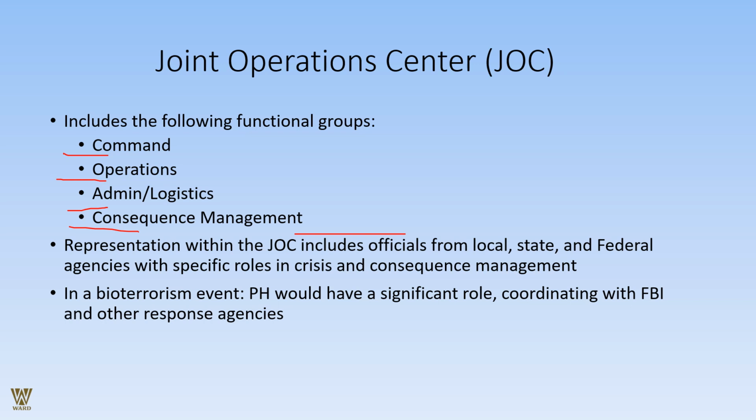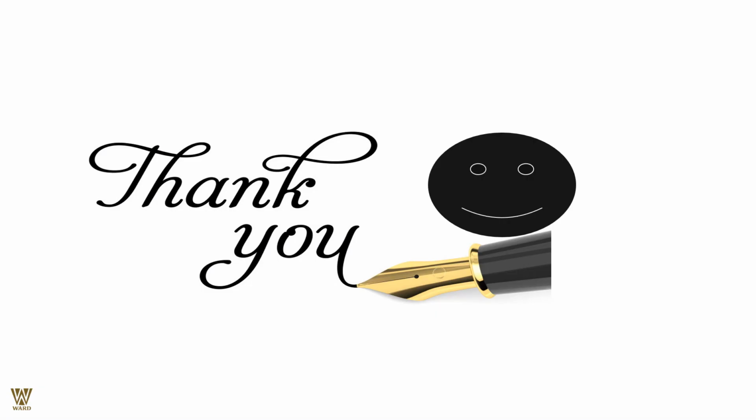There is representation in joint operation centers from federal, provincial, local, and state levels, with everybody defined with their own roles and responsibilities during times of crisis, during times of disaster, and during times of managing public opinion. Let's say the joint operation system will play a significant role in coordination with every other responding agency.